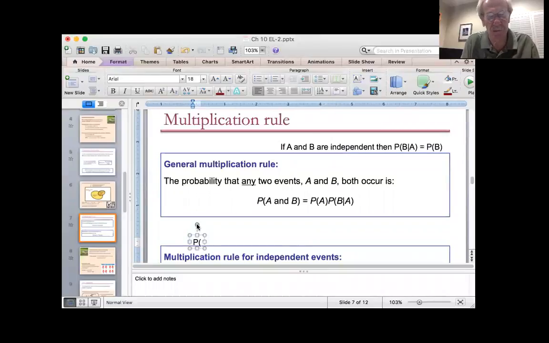So the probability of at least one is equal to 1 minus the probability of none.